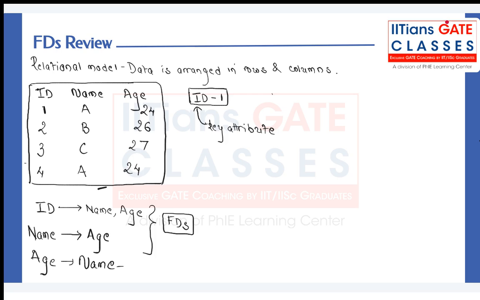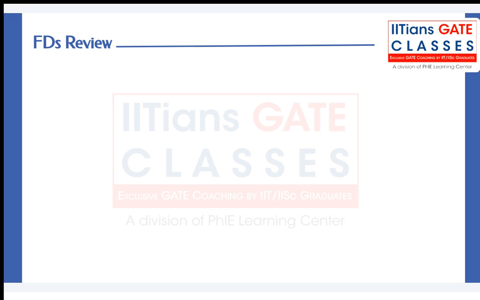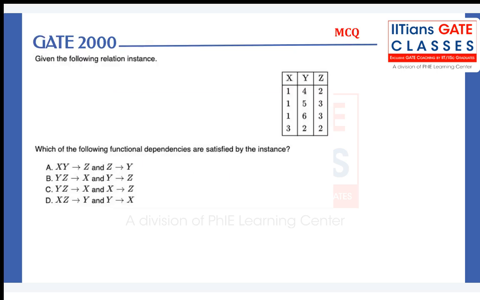Now, given all this that I just taught you, there is a question in GATE. Let's try to answer the question of GATE. There is a relation instance. They have given columns X, Y, Z. Which of the following functional dependencies are satisfied by the instance?